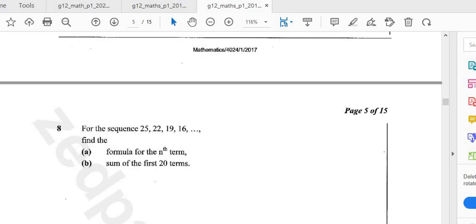So there's a question which says, for the sequence 25, 22, 19, 16, find an expression for the nth term and find the sum of the first 20 terms. We find the formula for the nth term and the sum of the first 20 terms.